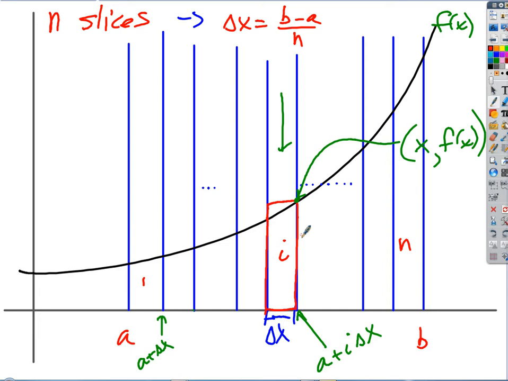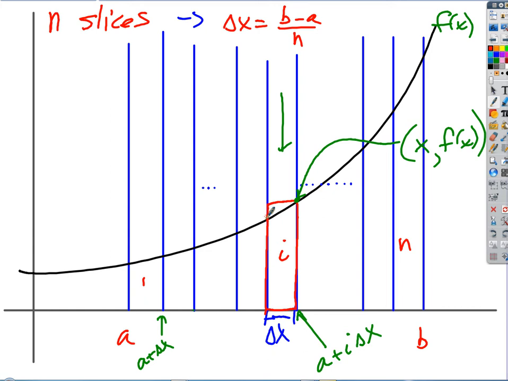Now, what we did is we calculated the circumscribed rectangle, because for the ith subinterval we were using its right-hand edge to determine the height of the rectangle. If we had used the left-hand edge, then we would have been calculating the inscribed rectangles, but we ended up calculating the circumscribed ones.